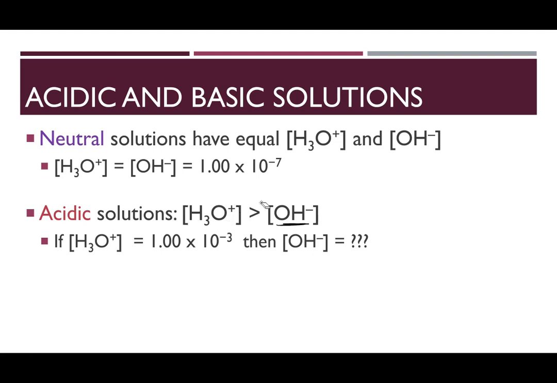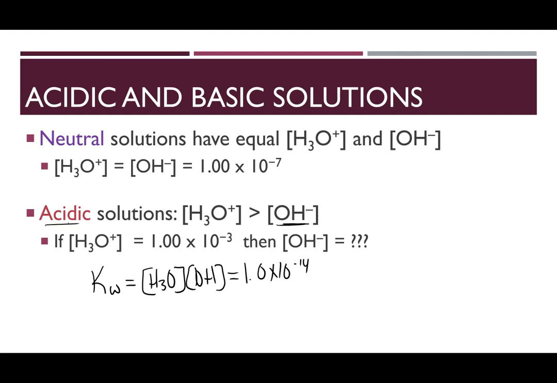Now, with that Kw equation, we can determine, well, if this is an acidic solution, what would the concentration of hydroxide be? Okay. So we've got this dissociation constant, Kw, hydronium times hydroxide, and that equals 1.0 times 10 to the negative 14th.